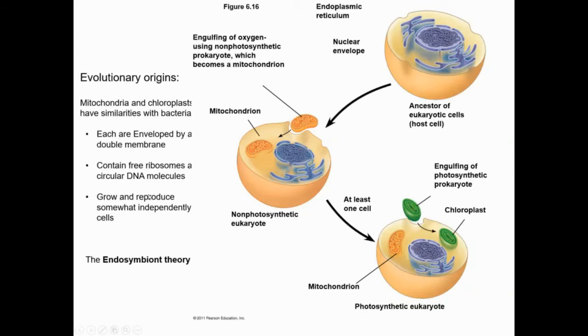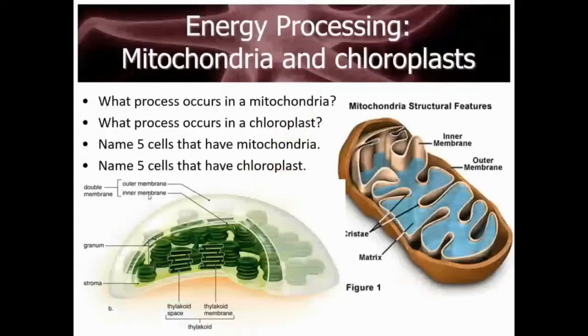Okay, and that's all I really need you to know about chloroplasts and mitochondria for this unit. We are going to come back and talk way more about how they function later. So here's what I want you to know. Mitochondria are orange and have that weird squiggly inside, and they do cellular respiration and make ATP.